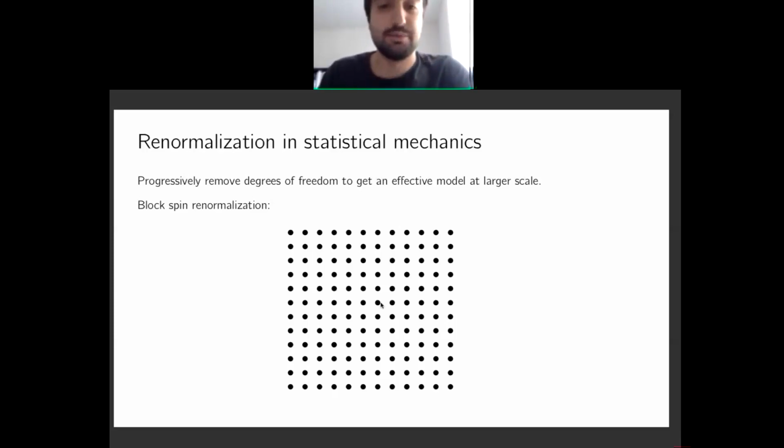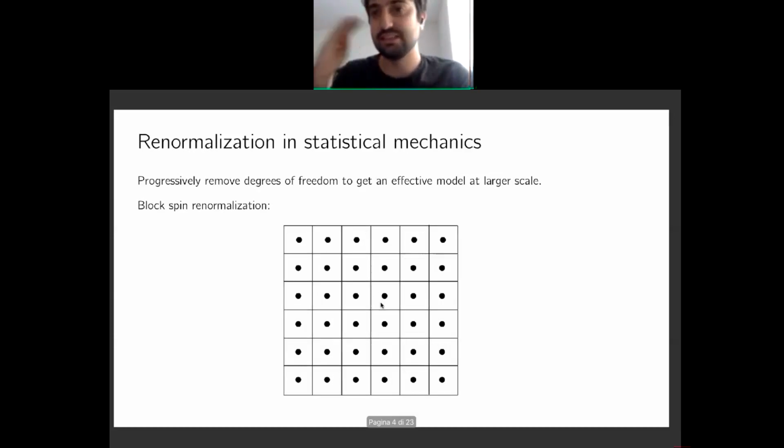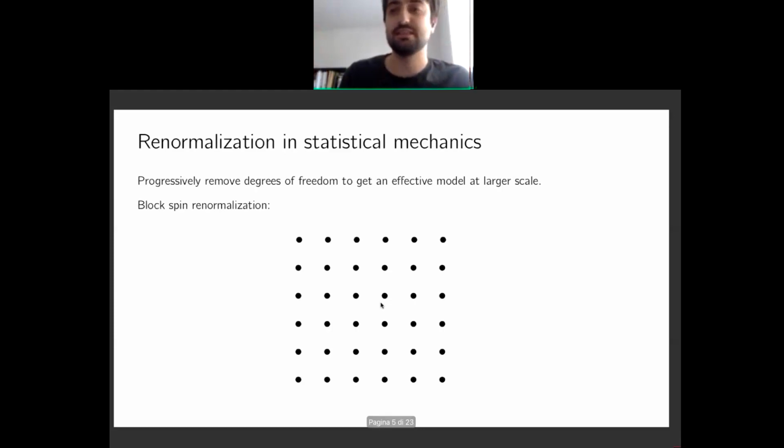The typical textbook example is block spin renormalization, where you take your lattice and you cut it up into blocks, and you apply a map to each block that maps your block to, let's say, a single spin. What you obtain is a system that is, in some sense, zoomed out. You look at it from a larger scale, and you forget about microscopic details, and you only look at the macroscopic picture.